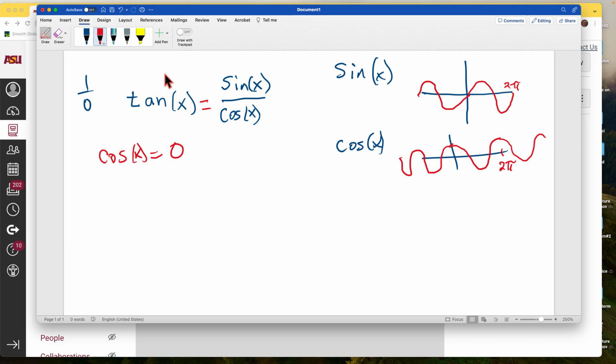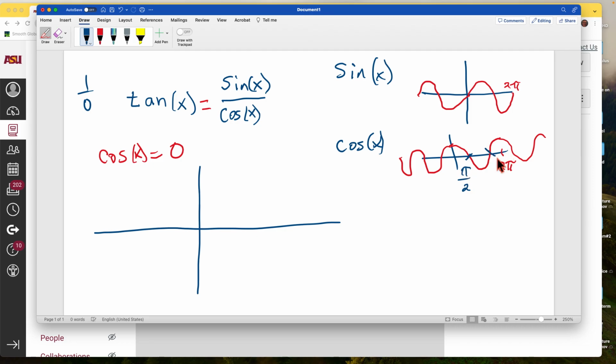Let's build that here. We're going to see what's happening, and then actually graph it to see if this is what we get. So when is the cosine function 0? Thinking back to the unit circle, that is at pi over 2.